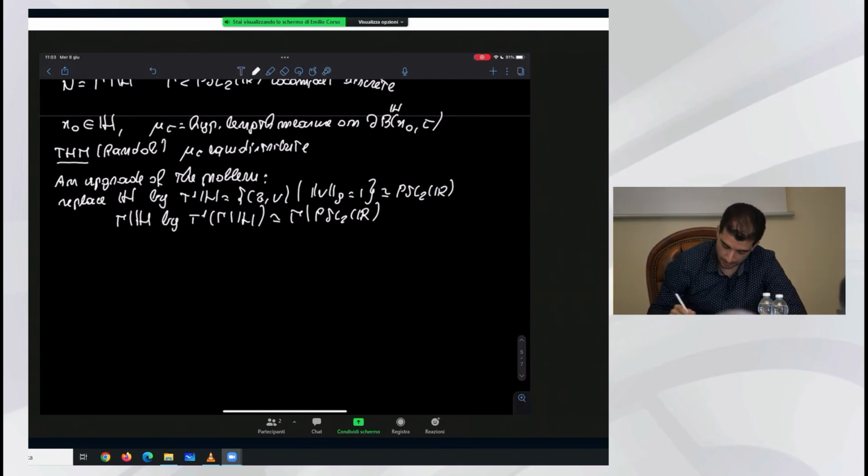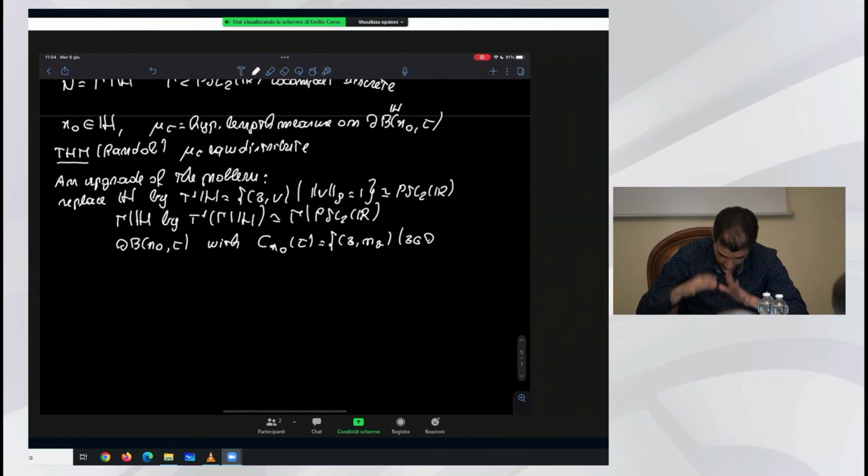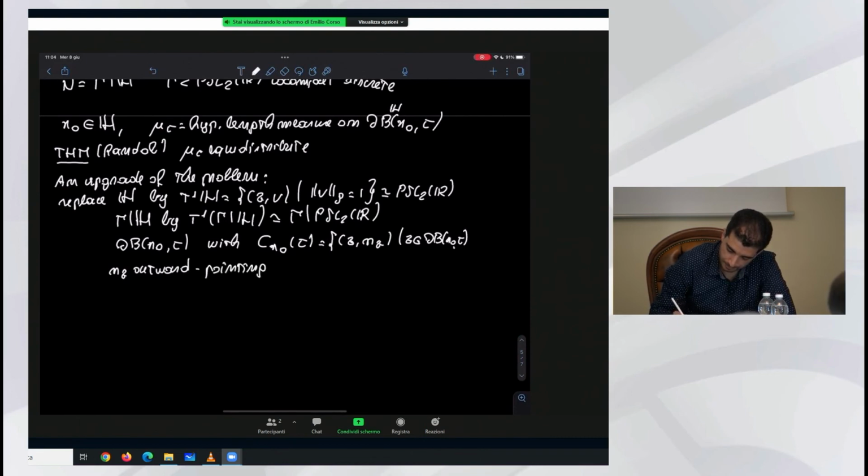So I replace the boundary of the ball, B(x0,t), with what I call C_x0(t), which is the set of all pairs (z, n_z), where z is in my circle down onto the surface, and n_z is the outward pointing normal vector to the boundary.